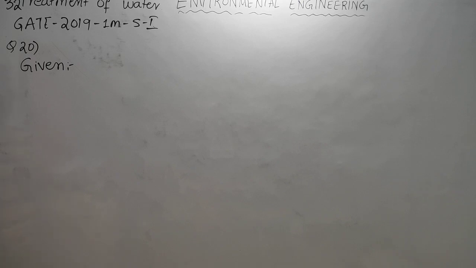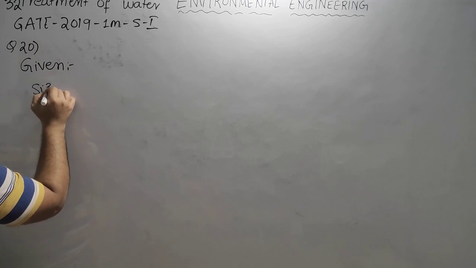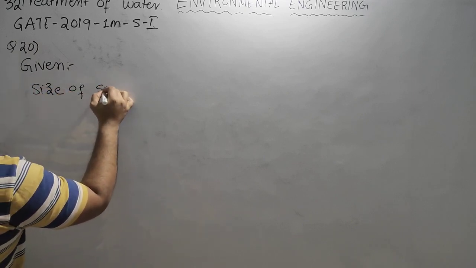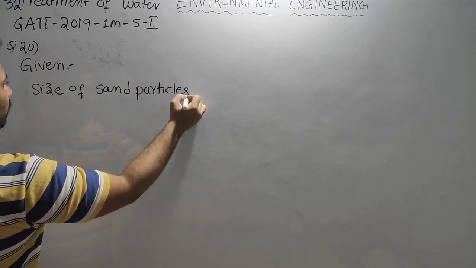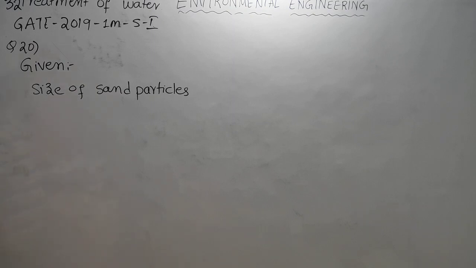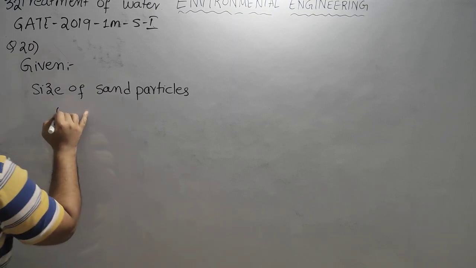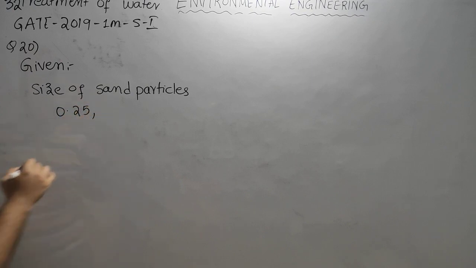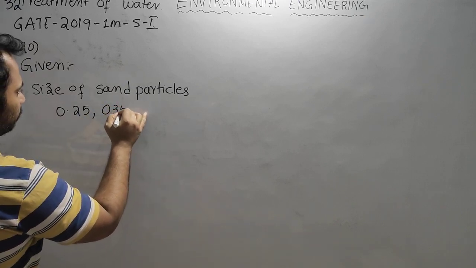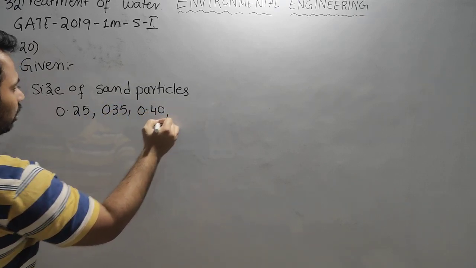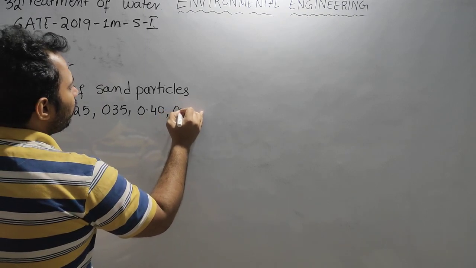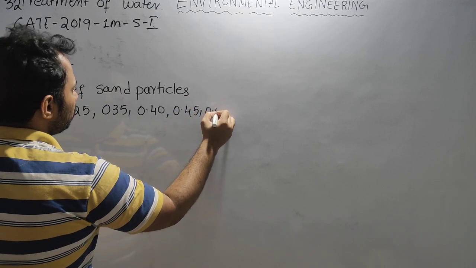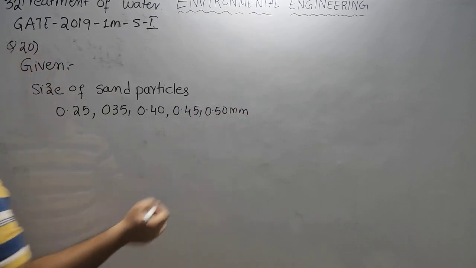The sizes of the sand particles in water start from 0.25 up to 0.5: 0.25, 0.3, 0.35, 0.40, 0.45 and 0.5. So these are the sizes of the sand particles present in the water.